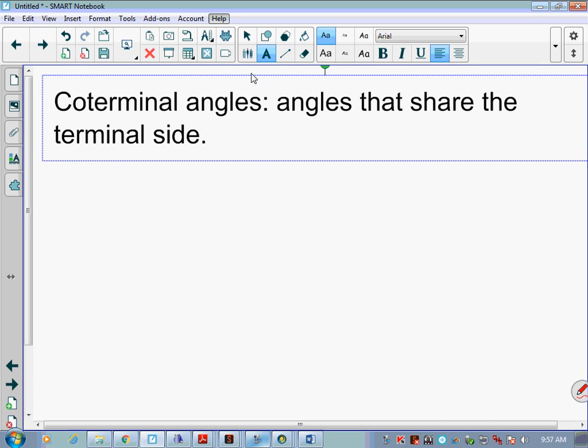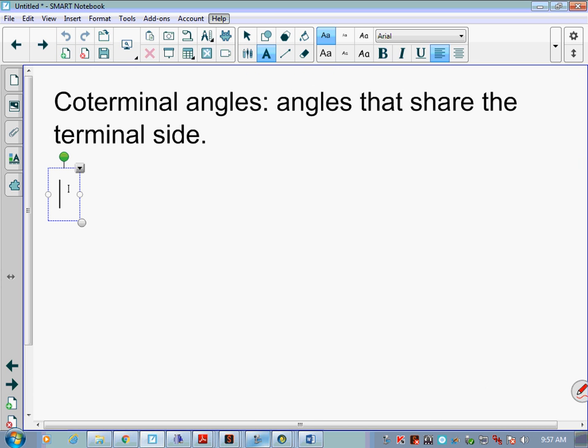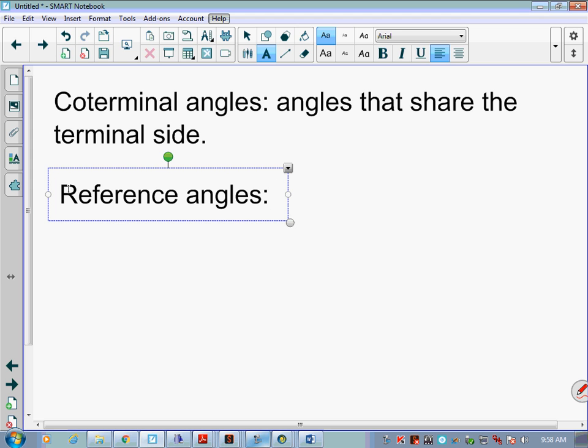Okay, now let's talk about reference angles. Okay, reference angles. Now, you should see this at the top of page 401. An angle with measurement theta in standard position forms an angle with the x-axis. The acute angle formed by the terminal side of the angle of rotation in the x-axis is called the reference angle.